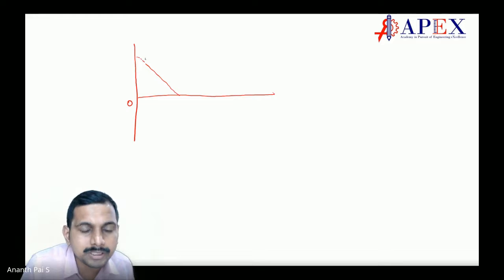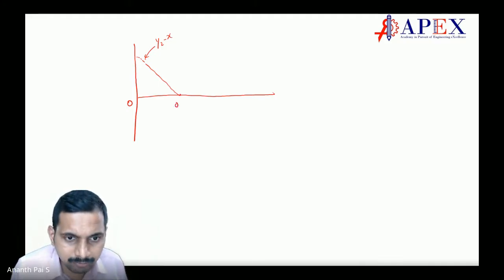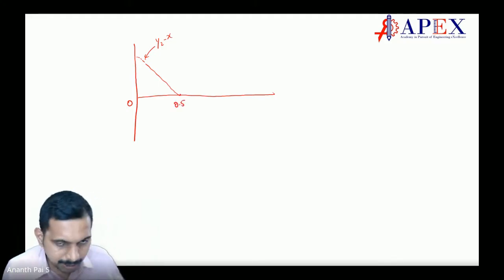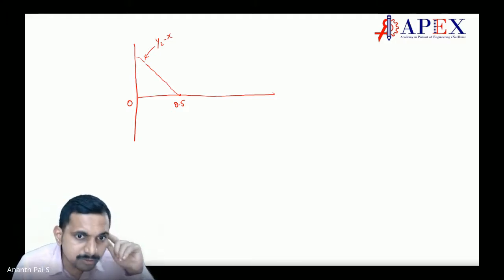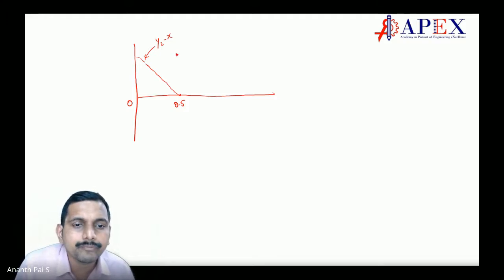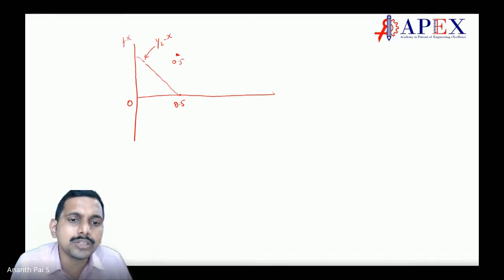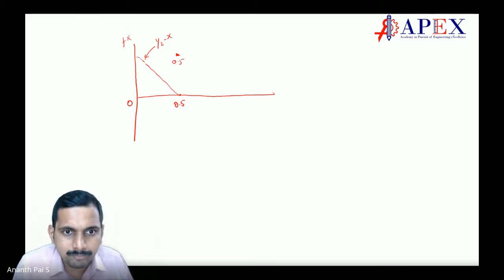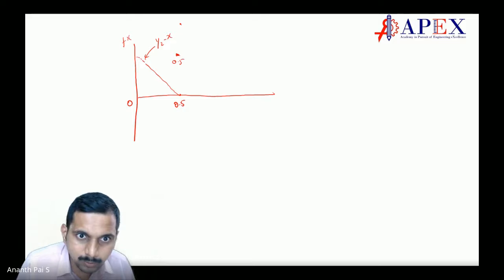As it reaches 0.5, f of x is 0.5. But as it goes a bit higher than 0.5, it starts from nearly 1 and then it reduces, 1 minus x. So the function is like this.